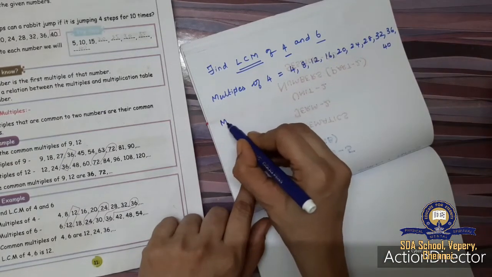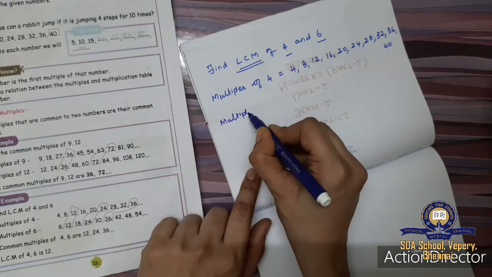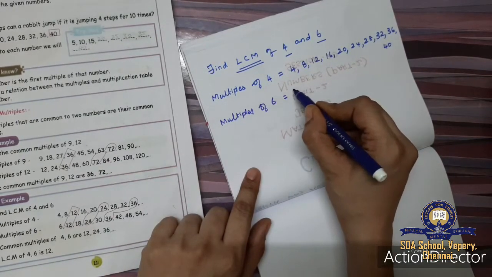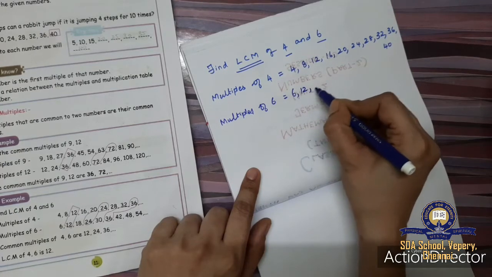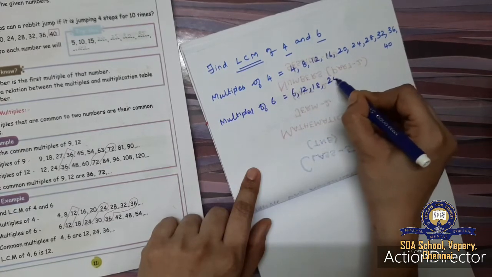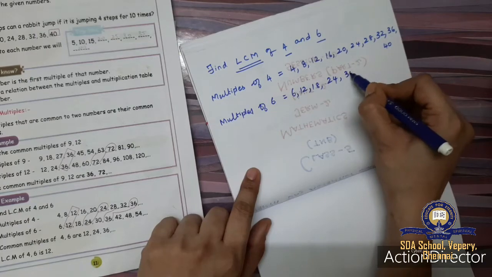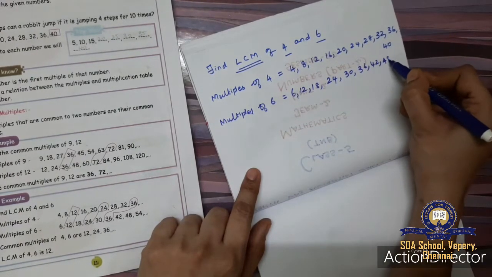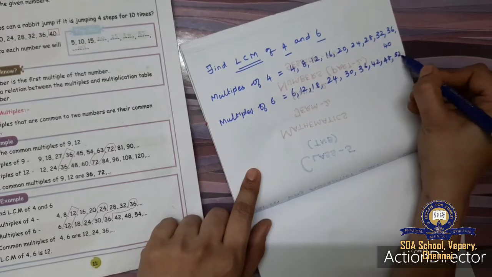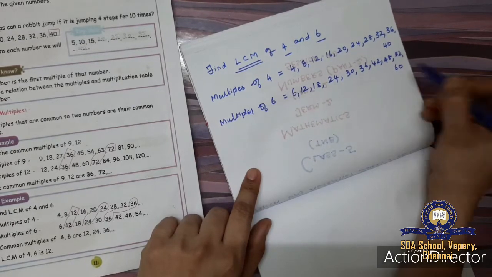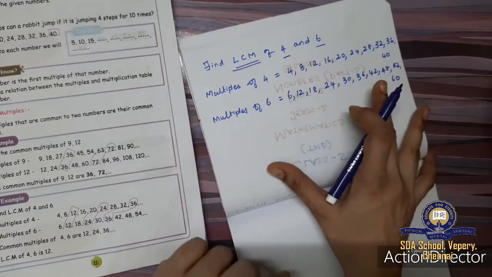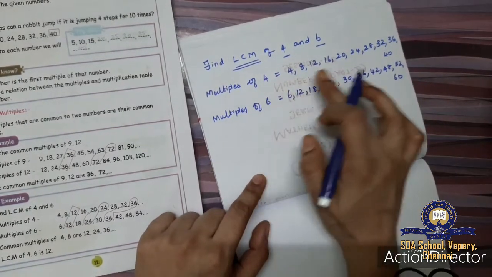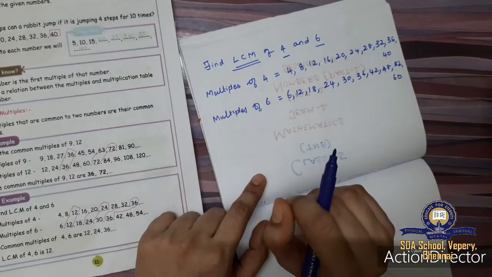You can write till 4 tens. Then we will write multiples of number 6. Multiples of number 6: 6, 12, 18, 24, 30, 36, 42, 48, 54, then 60. So these are the first 10 multiples of number 4 and number 6.